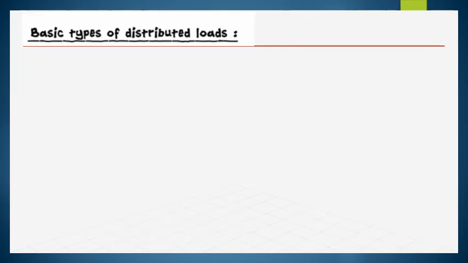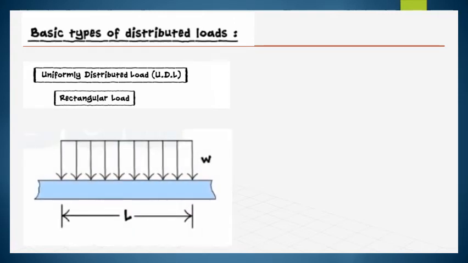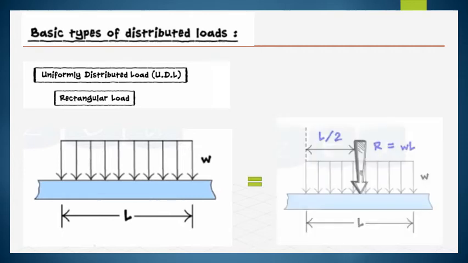The uniformly distributed load can also be called a rectangular load. If it is spread out in the form of a rectangle, the UDL can be represented like this or as previously shown. Here also the equivalent load is W into L, which is the area of this rectangle.